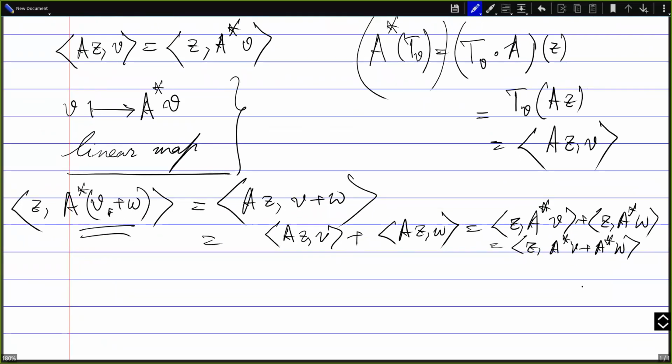Therefore, V goes to A star V is a linear map.